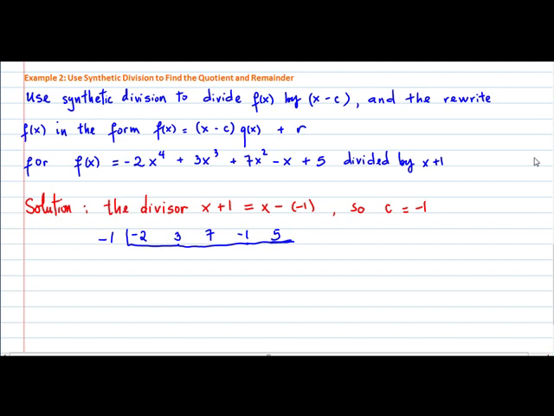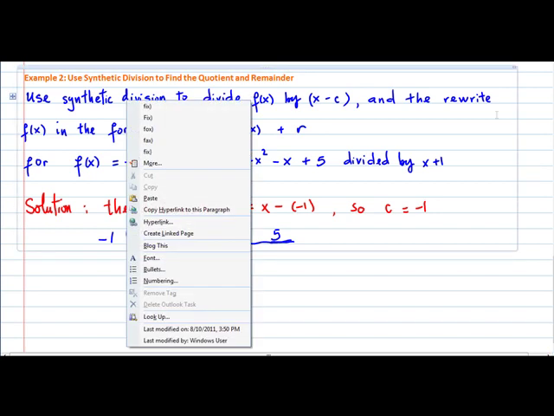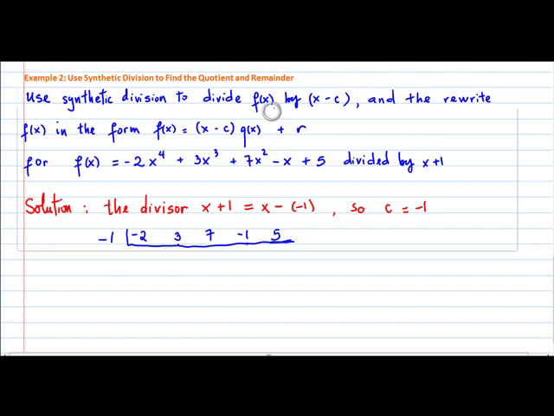The question asks us to use synthetic division to divide f of x by x minus c, and we write the function f in the form of x minus c times q of x, which means the quotient, plus r, our remainder. We're given that the function f is minus 2x to the 4 plus 3x cubed plus 7x squared minus x plus 5, divided by x plus 1.